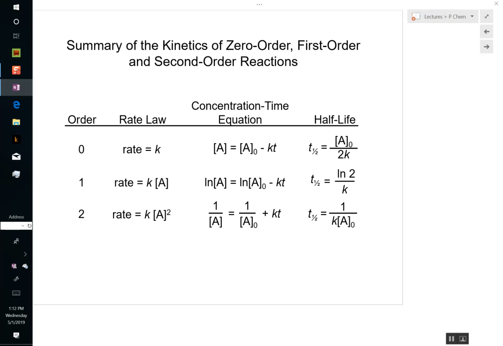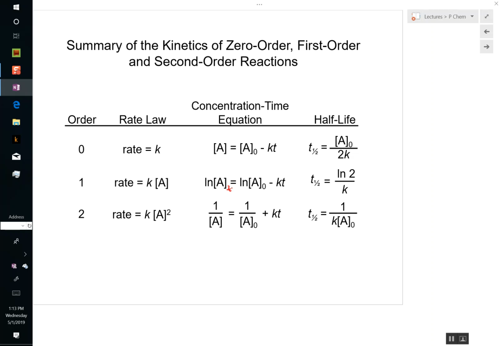First order with respect to one reactant, rate equals k times the concentration of that reactant. And you go through the derivation of it and integrate it, and this would be more or less ln of A at some time t equals the ln of the initial concentration minus kt. Here's the second order reaction, k times the concentration of A squared.